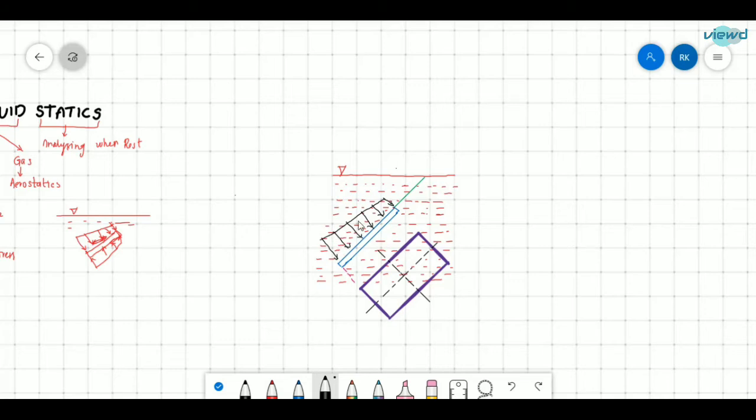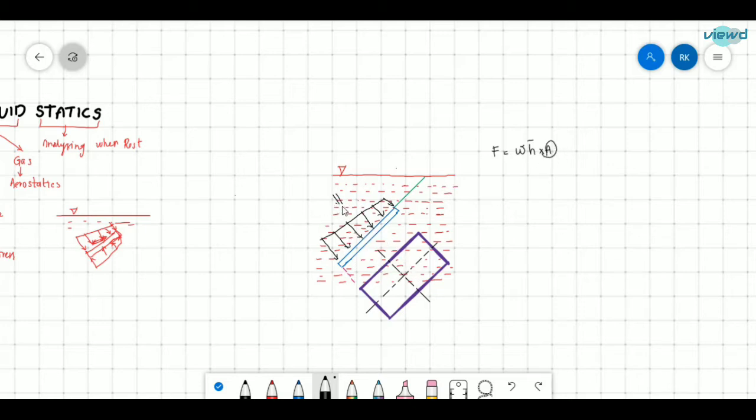So what will be the amount of force that is acting on this? That is given by F is equal to w h bar times A. This is the pressure into area. It gives us the force. So what is this area? The area on which this is acting.